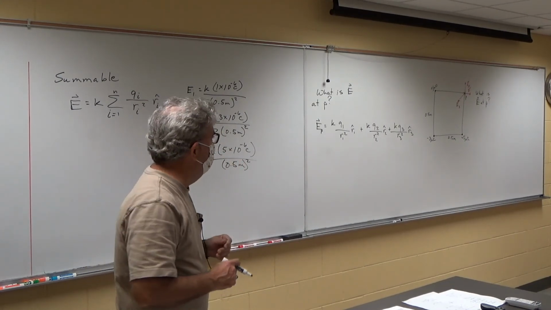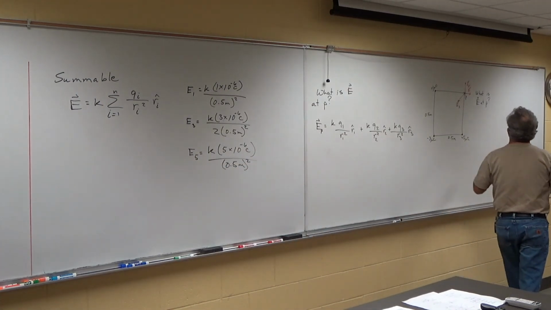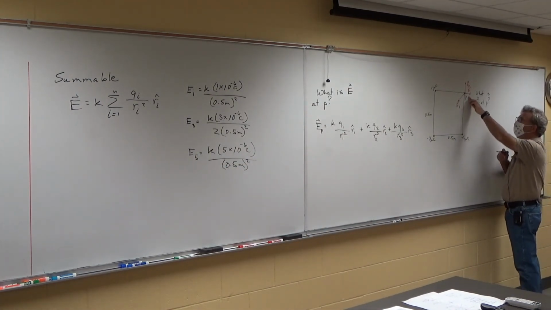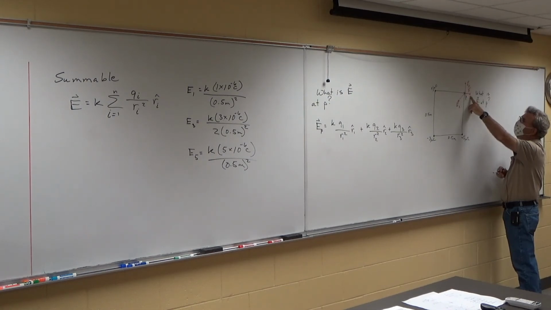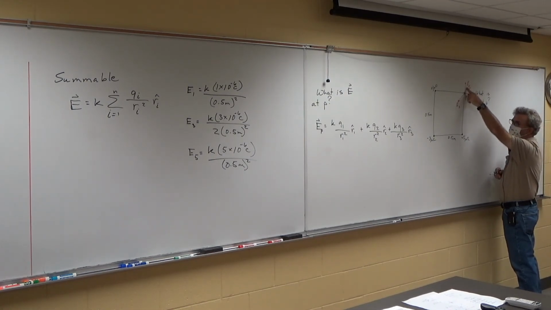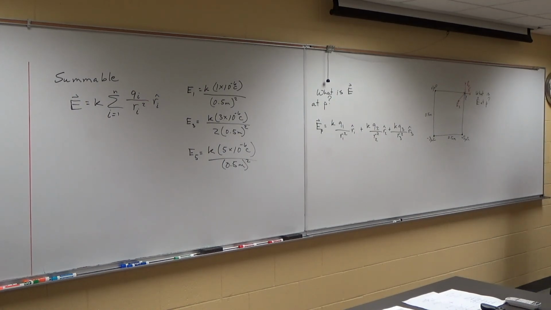Well, 1 and 5 are pretty simple in the sense that for 1, there's no y component, it's all in the x direction. For 5, it's all in the positive y direction. But for 3, you have negative x and negative y components.